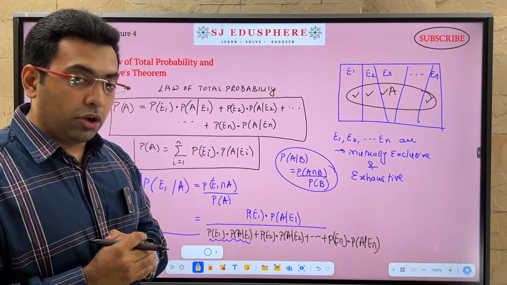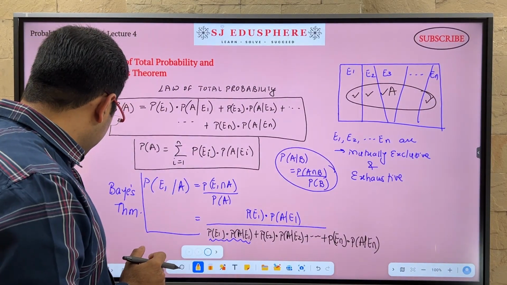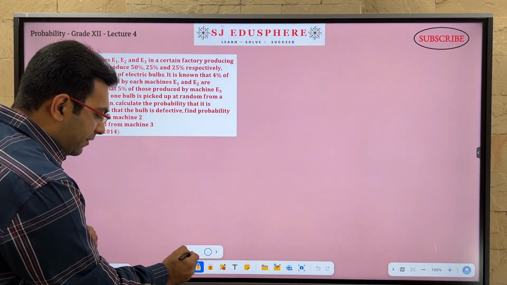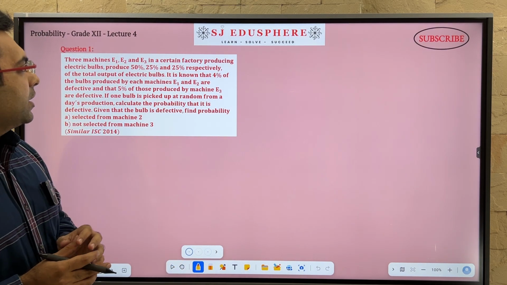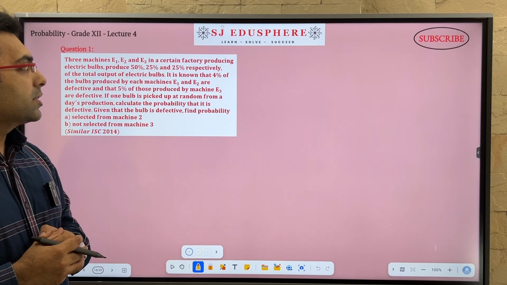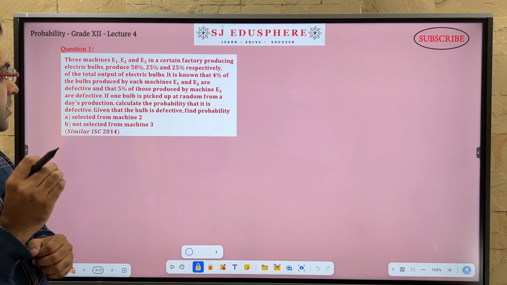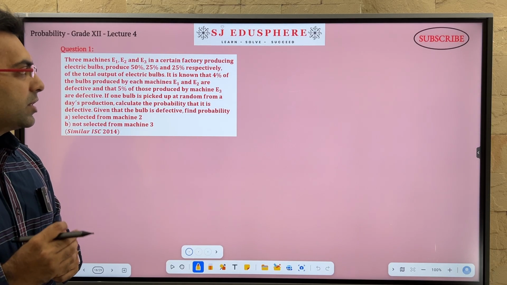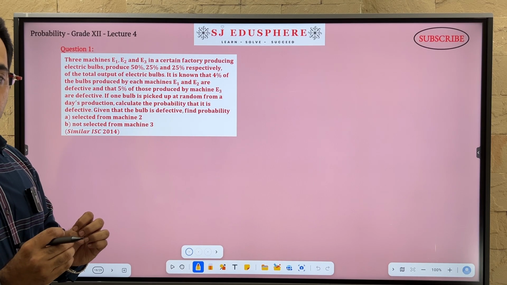Let us explore the sums now on the same. My first sum says 3 machines E1, E2 and E3 in a certain factory produce electric bulbs, which is 50%, 25%, 25% respectively of the total output.